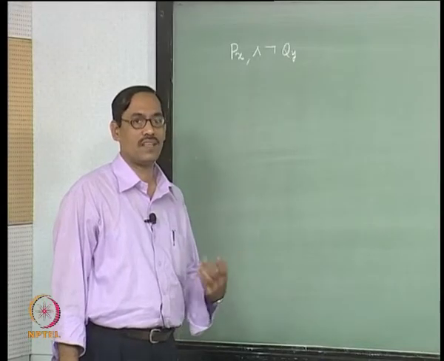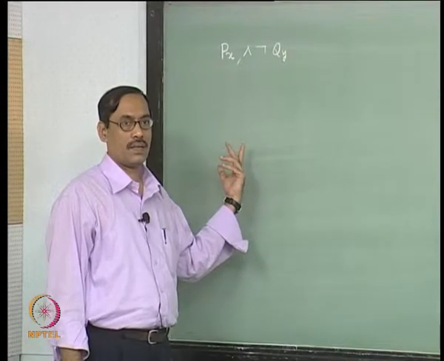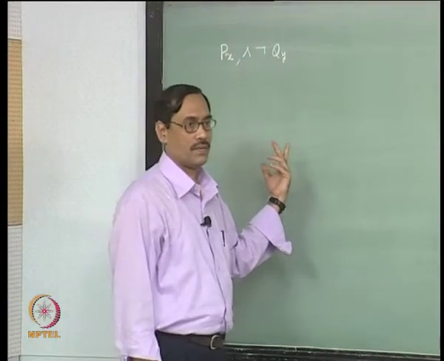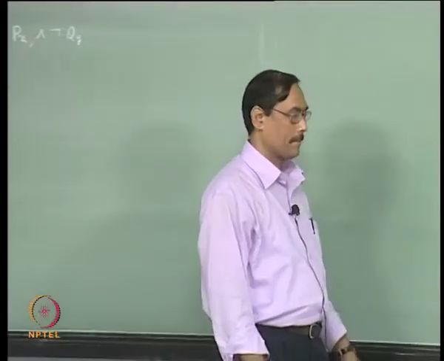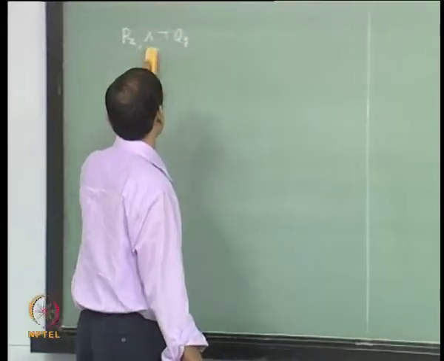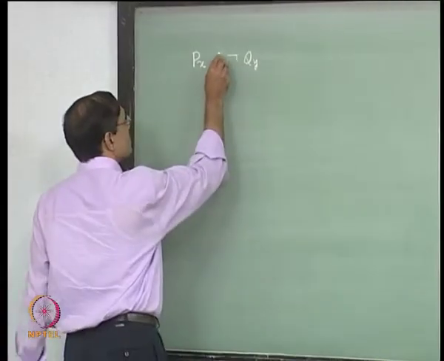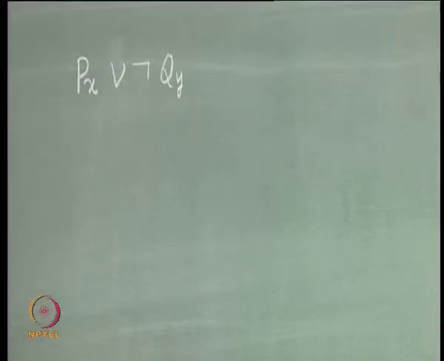So, the formula is in SCNF. So, it will be written as and or. We are taking a clause. Each clause will have or. So, let us take Px and not Qy. We will take or here. Okay, this is one clause.